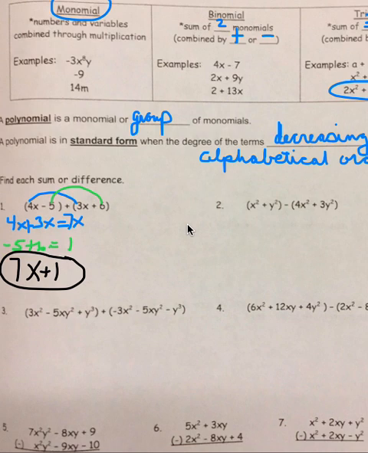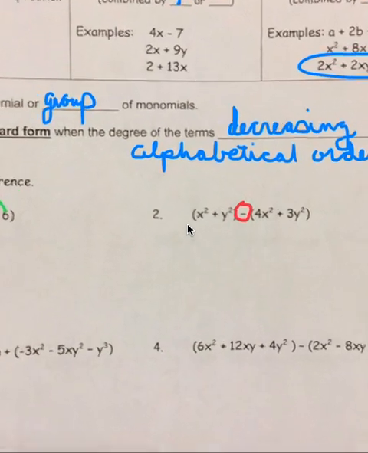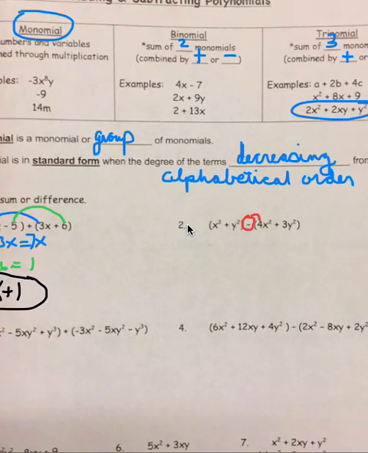Now if we look at example 2, when you see the subtraction sign here, you need to have it go to everything here and here. So you might just want to rewrite this as minus 4x squared minus 3y squared, because the sign has to change.